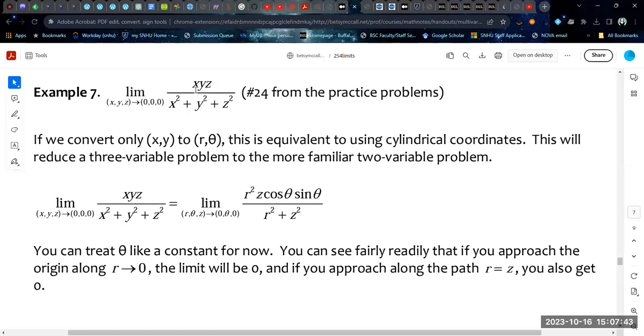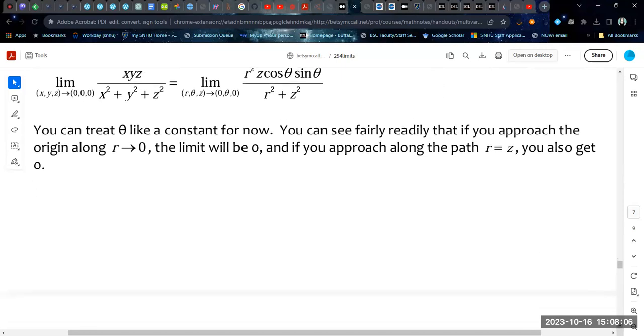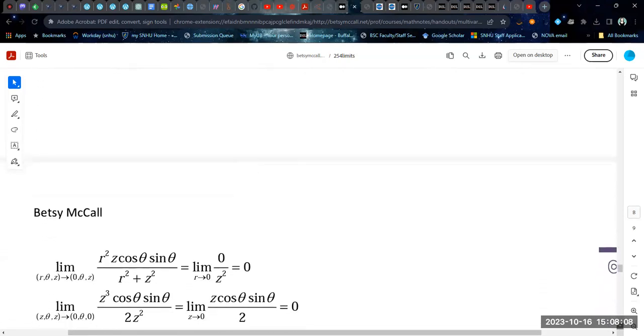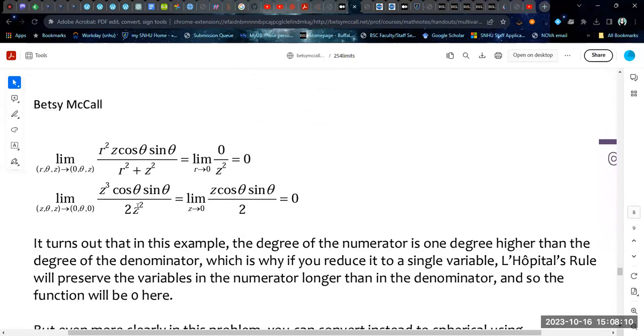So in the previous example, we had only x and y in the numerator and a second power expression in the denominator. Here we have x, y, and z. And so that's like a cubic polynomial in the numerator, but only a quadratic polynomial in the denominator. And so when I let r equal z in this cylindrical version of the limit, I can then let the path go to 0.